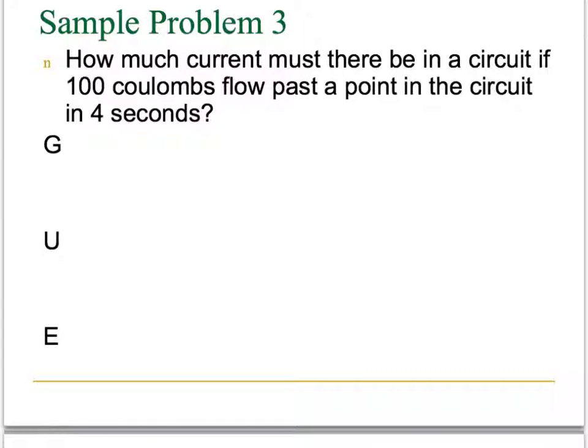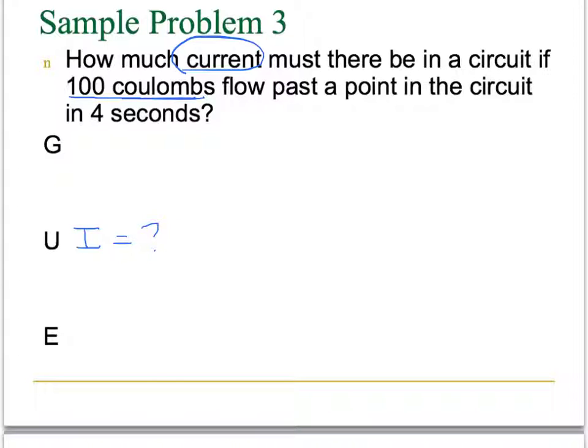Next problem. How much current must there be in a circuit if 100 coulombs flow past a point in the circuit in 4 seconds? So again, let's start with the GUESS method. We are looking for the current, so that is our unknown. And we are given coulombs.